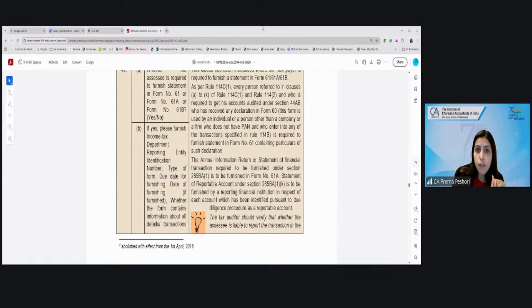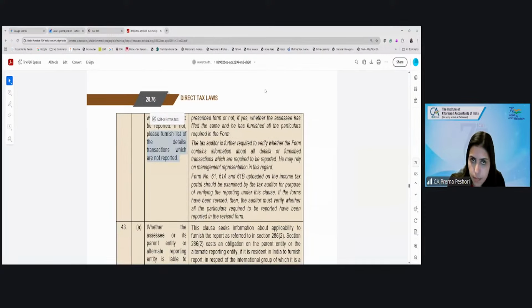Then Form 61B is with respect to the filing of the information with respect to the reportable accounts, foreign accounts. Bank has to report it, if any US citizen has an account, if any foreign citizen has an account, like that. So whether these forms are submitted on time and whether the relevant information has been reported on this. So the tax auditor should take these forms and see whether the information has been reported into this or not.